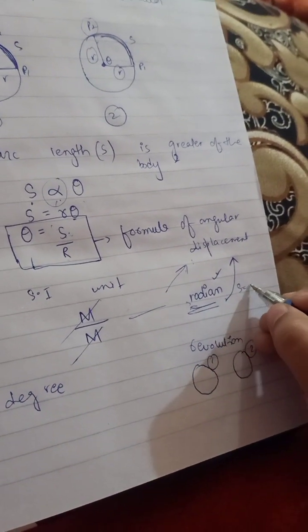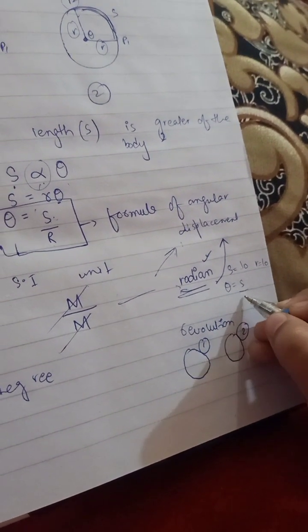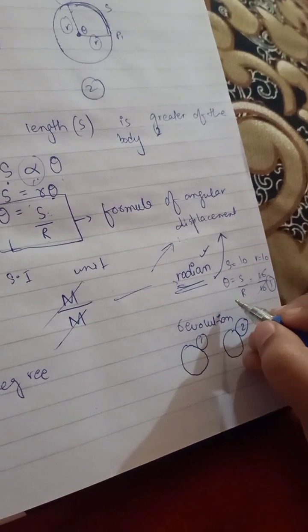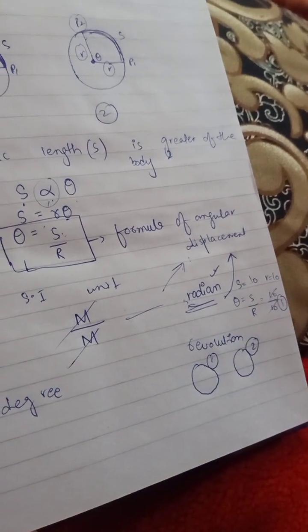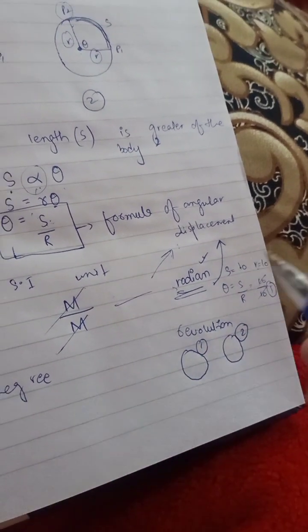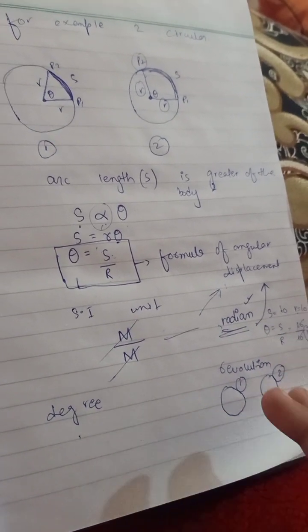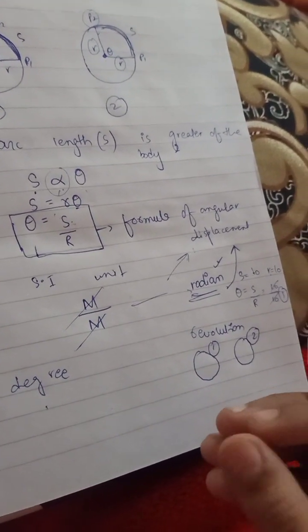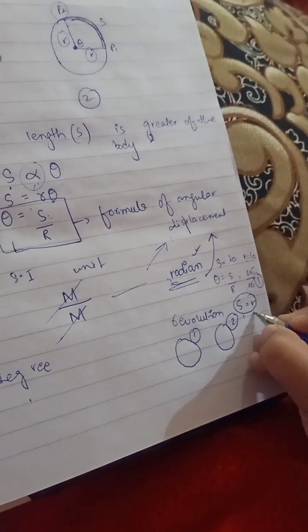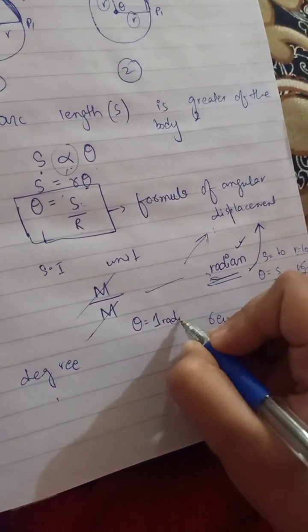Here you can see that the angle is 1 radian when the arc length and the radius are equal.